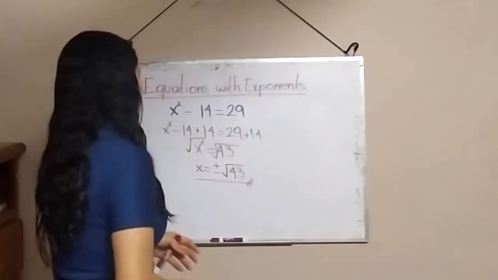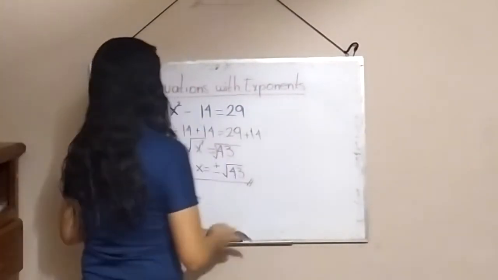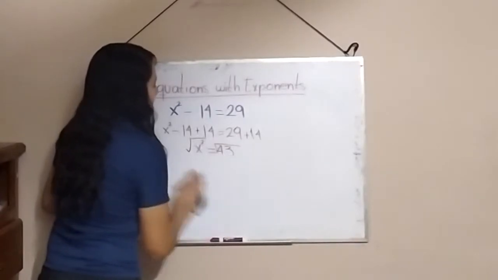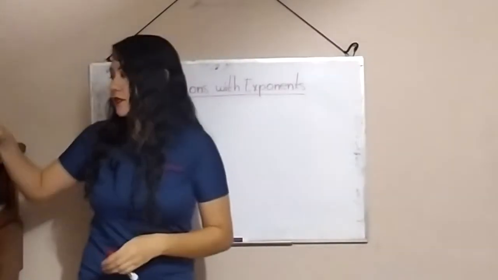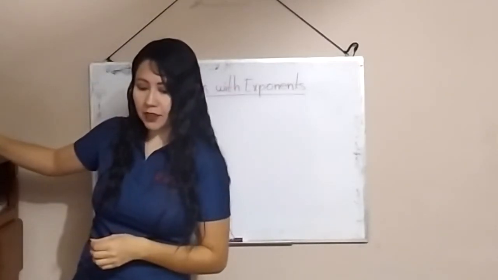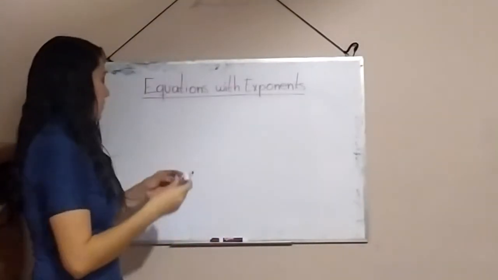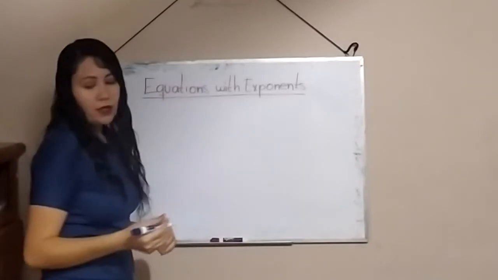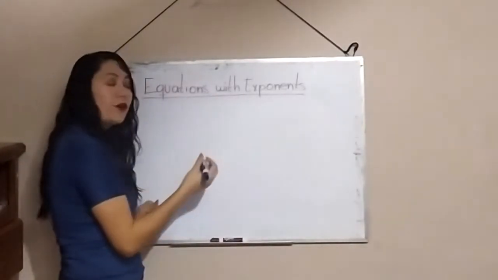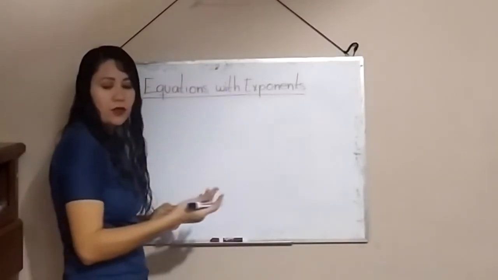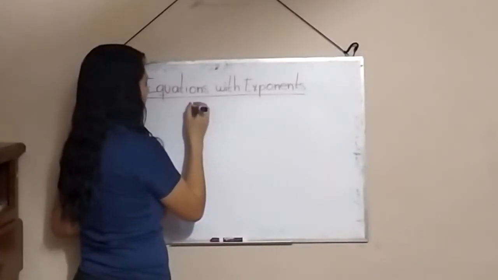Another case that we may have is that we could have times where our answer is a square root of a negative number. What are we going to do on those cases?